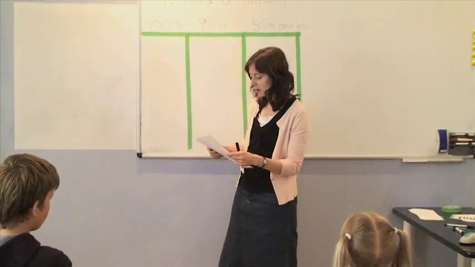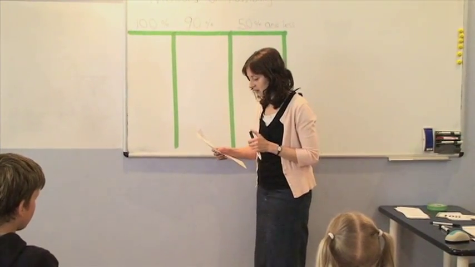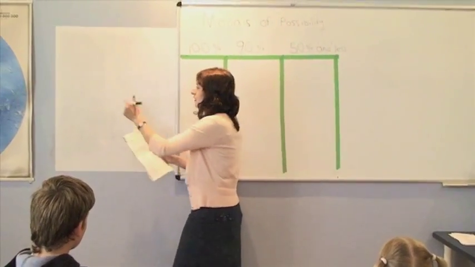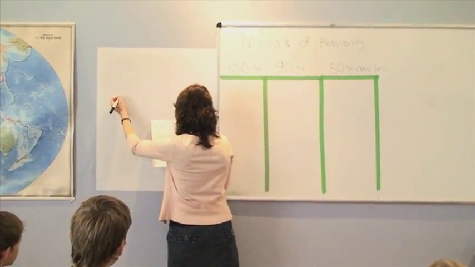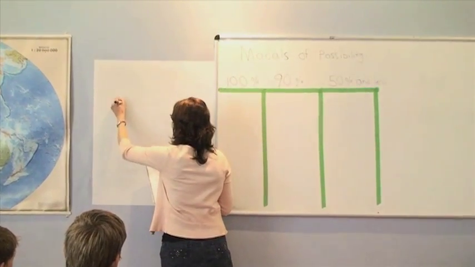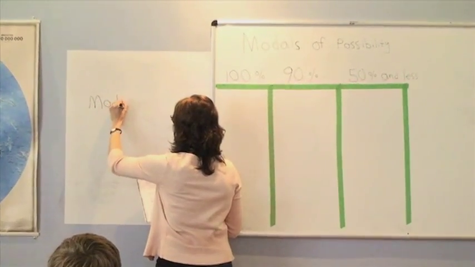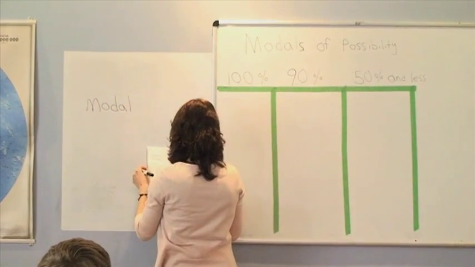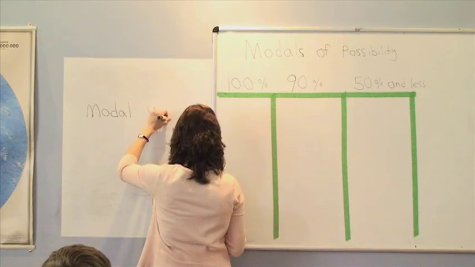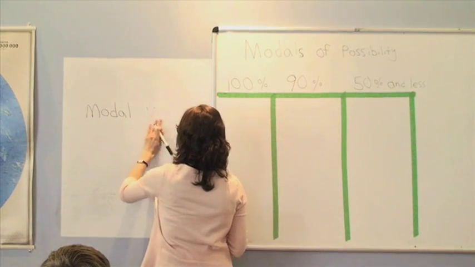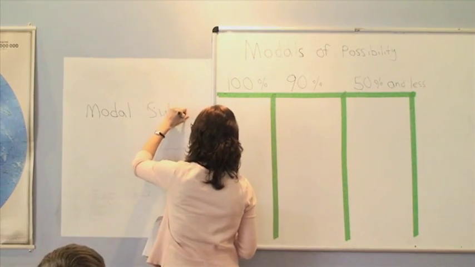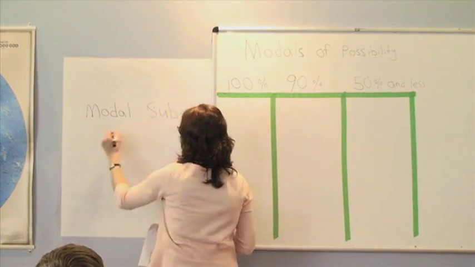Today we're going to learn about modals of possibility. Like for what we learned the last few days, we had a modal came first, and then we had the subject, and then the verb.